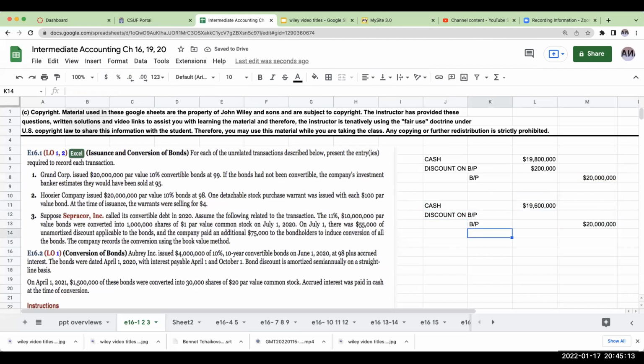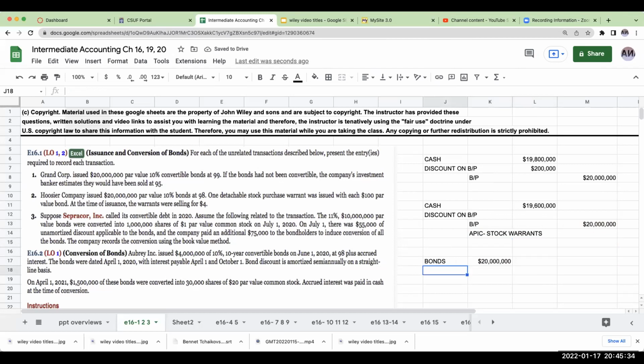But what I'm going to do over here as well is I'm going to have additional paid-in capital, stock warrants. Okay. And if they're detachable, it means that the investors can essentially take those and go out and sell the warrants. So over here, my bonds were being issued for 20 million.